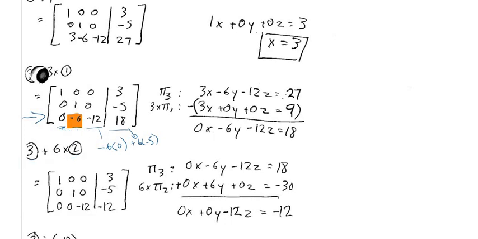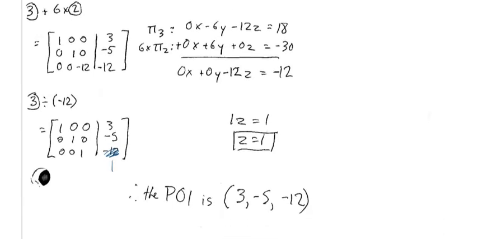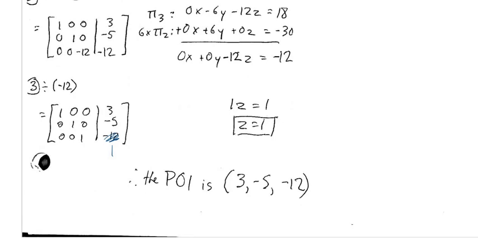So now we're nearly there. We've got one more step to do. We just need to take that last row and reduce it down. So we're going to divide everything by negative 12. Negative 12 divided by negative 12 is 1. So in this case, z is going to be equal to 1.